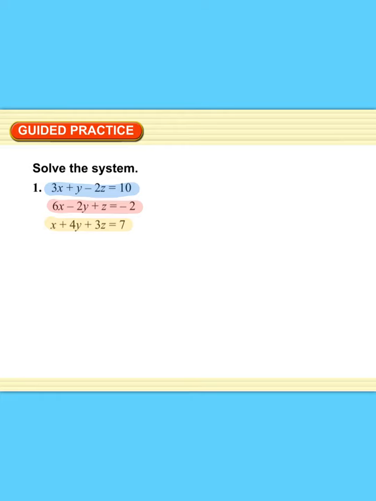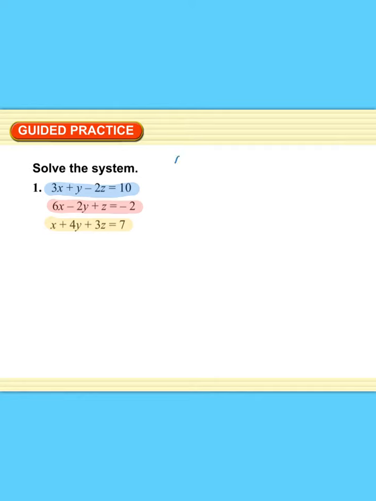So first step is to get two equations in two variables. So I need to decide which variable I want to eliminate. Really, we can do any of the variables, but I'm going to pick y. So looking at equation 1 and equation 2, looks like I need to multiply the first equation by 2 so that the coefficients on the y value differ only by sign.